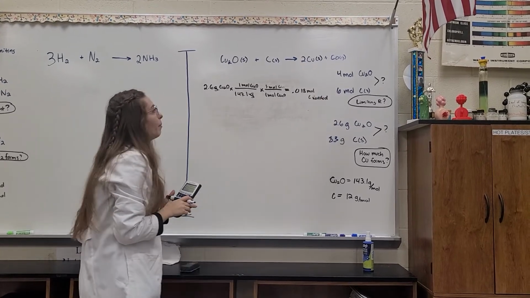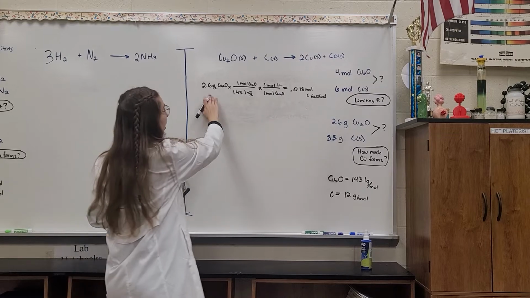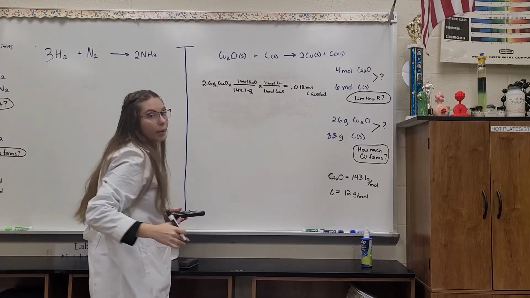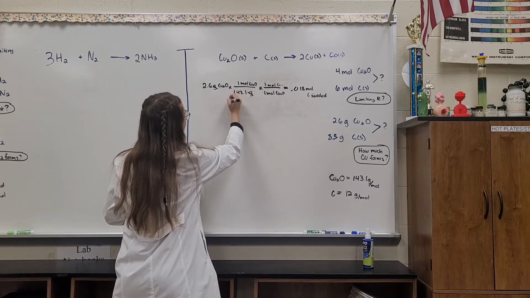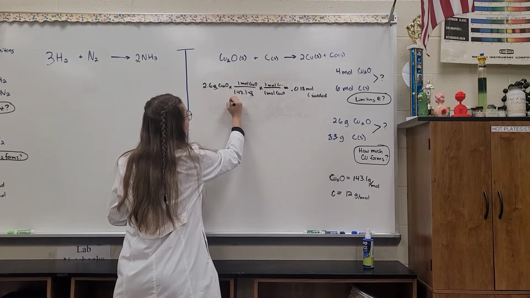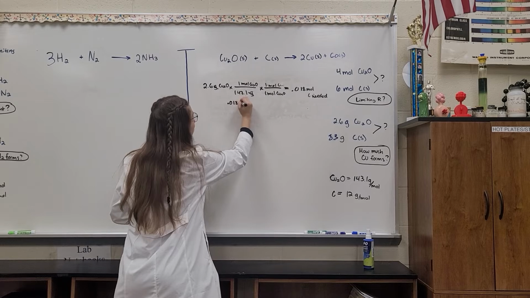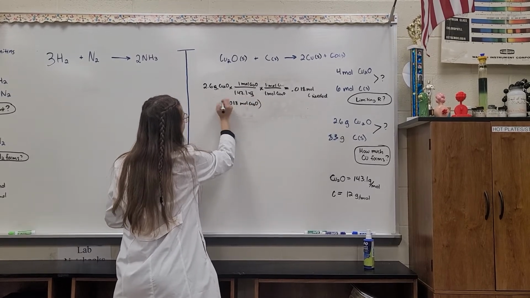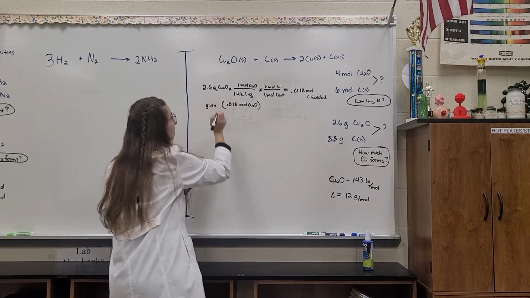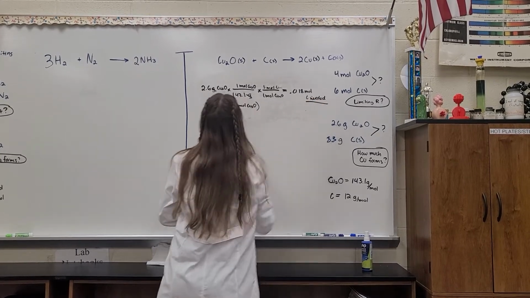Now, to make the next problem easier, we can also calculate how many moles of Cu2O we are given to compare if we have enough. Because it's a 1-to-1 molar ratio, that also means that we had 0.018 moles of Cu2O. That's how much we were given. This is how much carbon is needed.